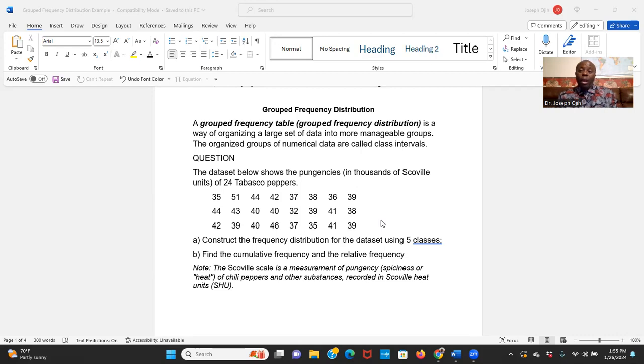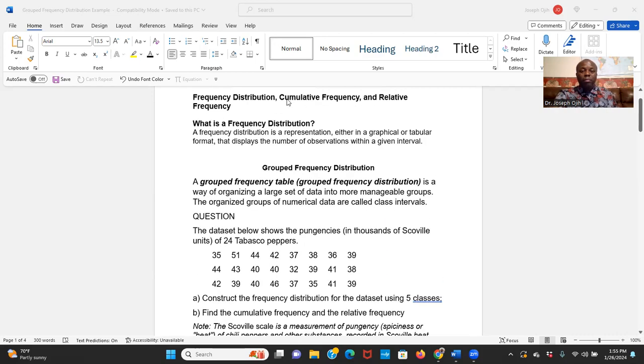I'll also use this lecture to introduce cumulative frequency and relative frequency. So remember, a frequency distribution is a tabular way of organizing data sets into groups and their corresponding frequencies.